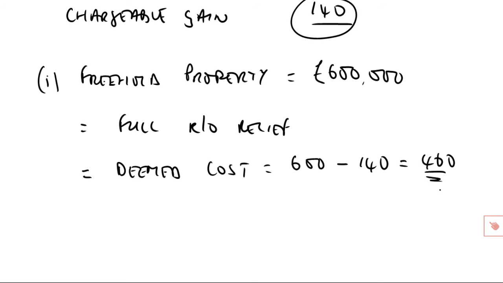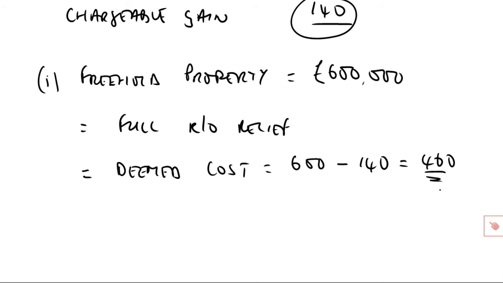So going forward, the property that has now actually cost us 600,000 will be deemed to have a cost of 460,000. When that property is subsequently sold against its sales proceeds, you would deduct a cost of 460. And in corporate tax, the indexation allowance would then be based on that allowable cost of 460. So there's a price that is paid by the company in relation to this claim.